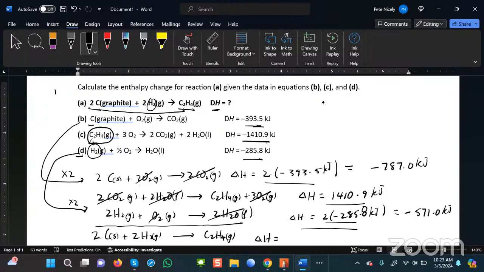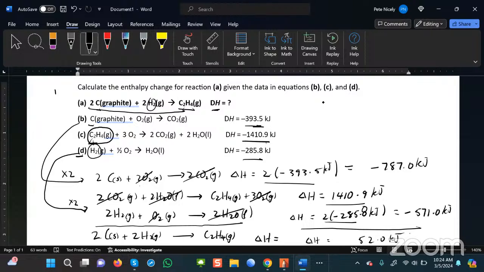And then we add all of these up. So minus 571.0 plus 1410 minus 787.0. So according to my calculations, this works out to be equal to delta H here, works out to be equal to 52.0 kilojoules. And that's how I do that.